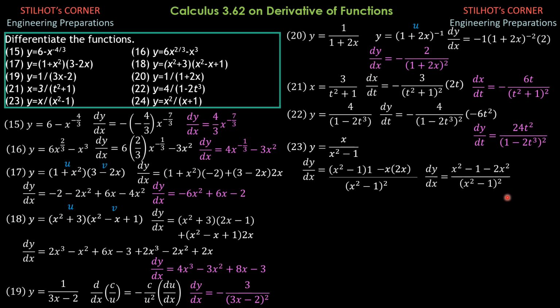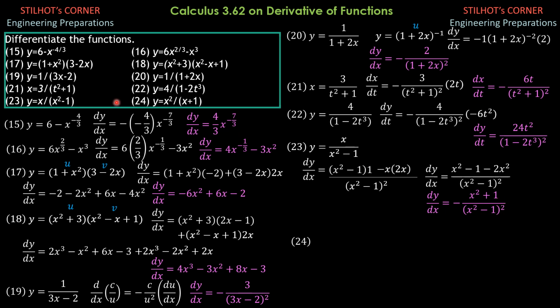Since the numerator is negative x squared minus 1, we write the final answer as negative quantity x squared plus 1 all over quantity x squared minus 1 squared. So dy/dx is negative of quantity x squared plus 1 all over x squared minus 1 squared.